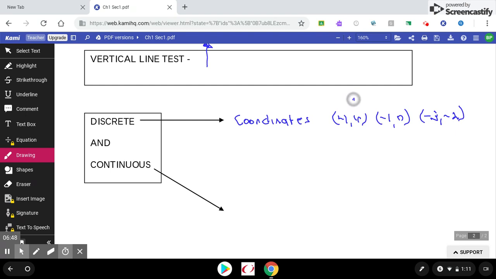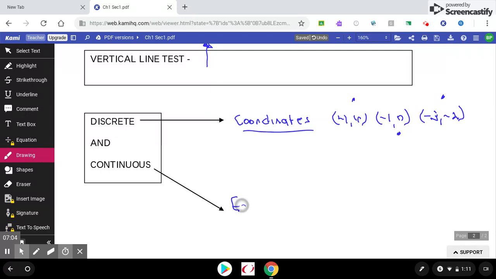But these would just be 3 dots in the middle of nowhere. Now, where does it say we have to connect them? So discrete means it's just a finite number of coordinates. There's no arrows on the end of a graph going on forever. So discrete coordinates, simple as that.